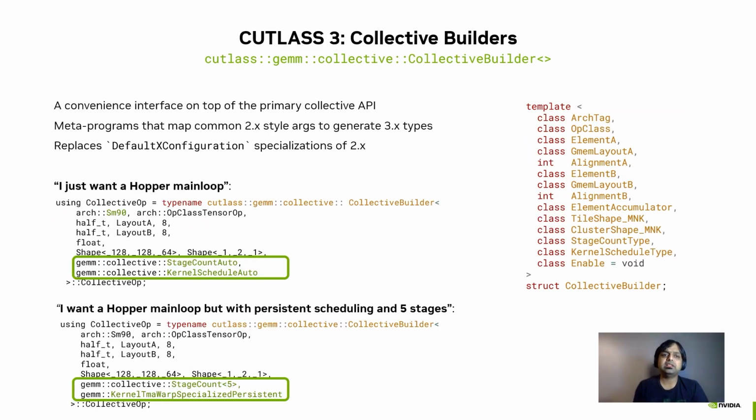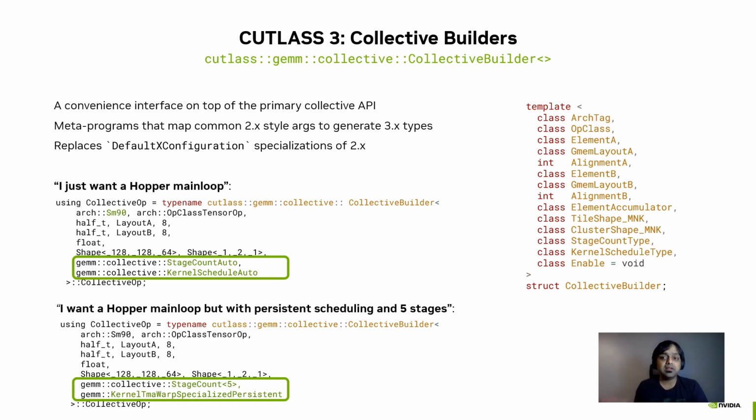One of the other improvements that CUTLASS 3 aims to achieve over CUTLASS 2 is the ability to incrementally customize kernels easily. In CUTLASS 2, users would typically use pre-baked default GEMM configurations or vary some specific template parameters, but it may result in incompatibilities. In CUTLASS 3, we try to resolve this by providing a convenience interface on top of the collective APIs known as collective builders, which allows the users to customize portions of the kernels or leave them to the builder to choose sensible defaults.